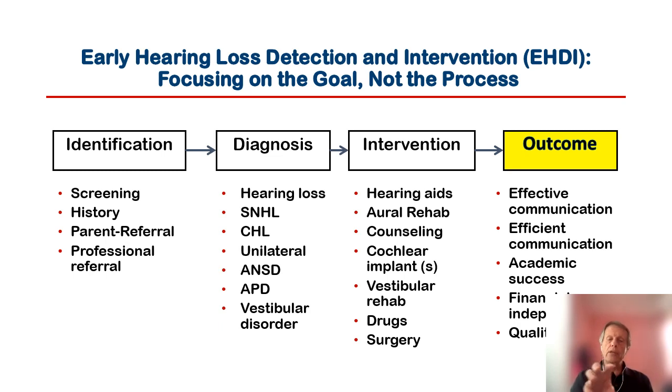So although each of these 4 steps is very important, identification of hearing loss through screening, diagnosis of hearing loss, which we're focusing on in this lecture, various forms of intervention, hearing aids, rehabilitation, cochlear implants, whatever is required, even surgery, our focus should always be on the outcome, the final outcome. Are we achieving our goal of giving this child effective communication, getting them off to a good start in life?